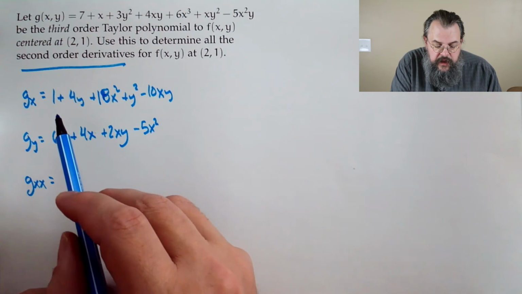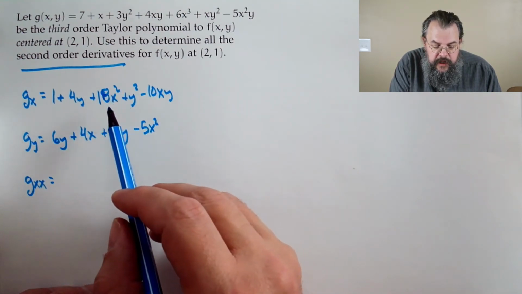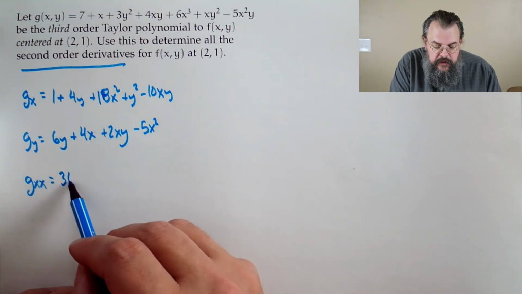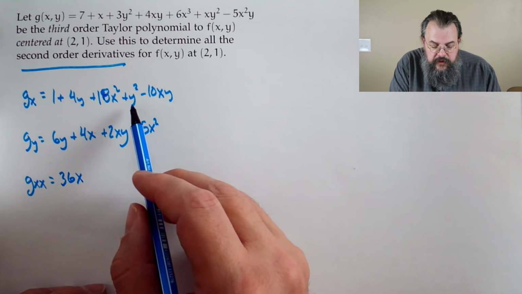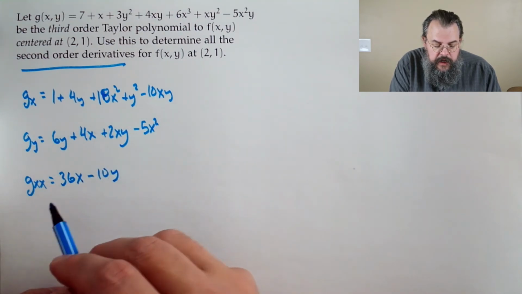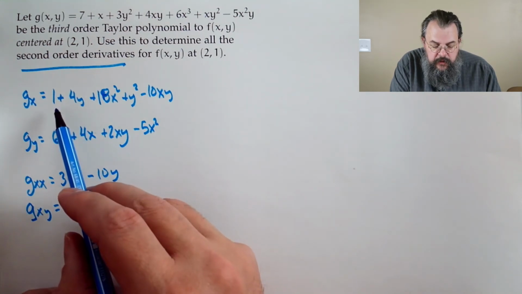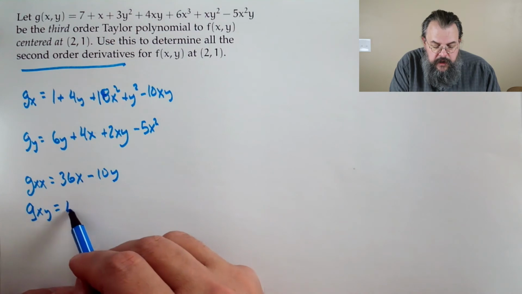Gxx, okay, that goes away. Good. Derivative of 18x squared will be 36x. That goes away. And here, that'll be minus 10y. Gxy. Okay, that goes away. That'll be a 4.